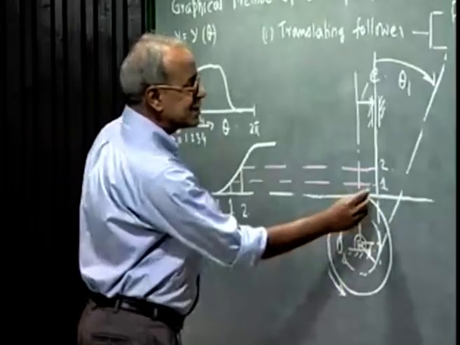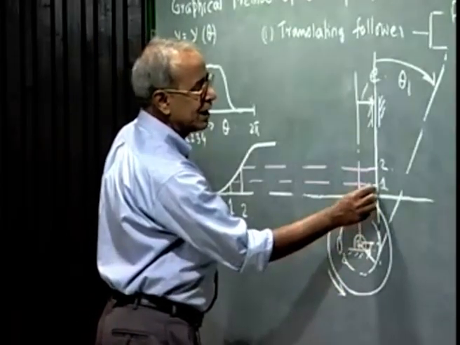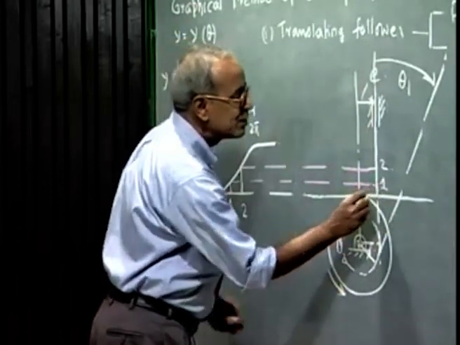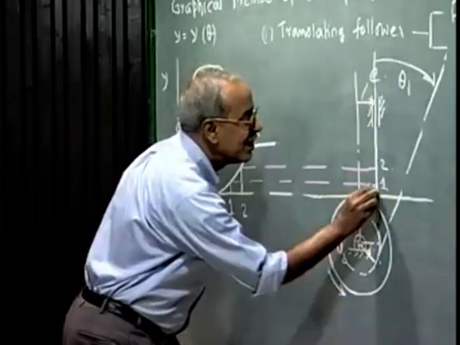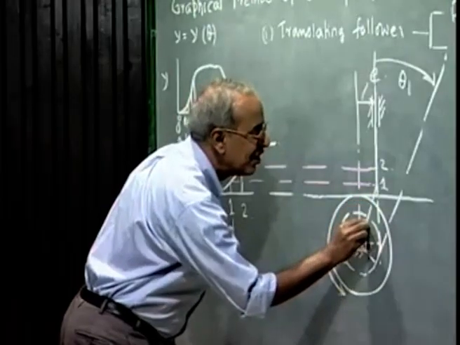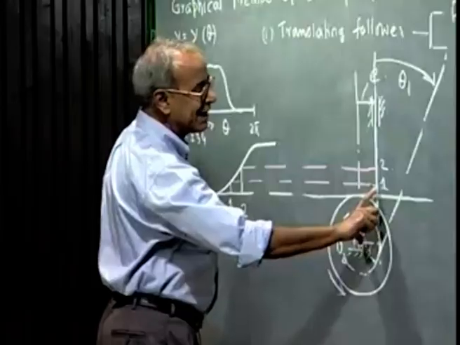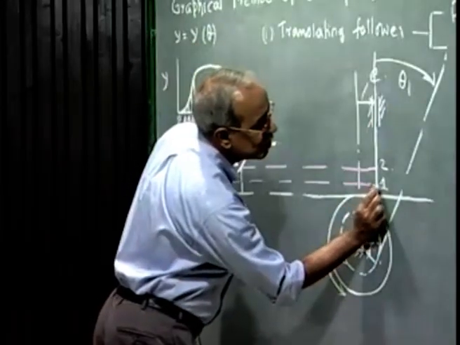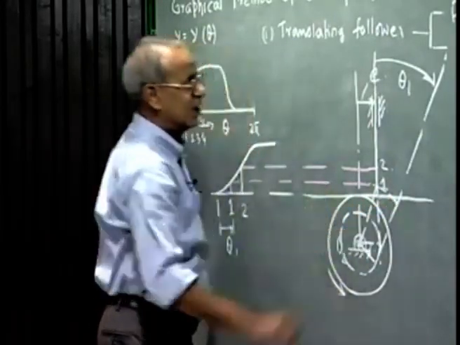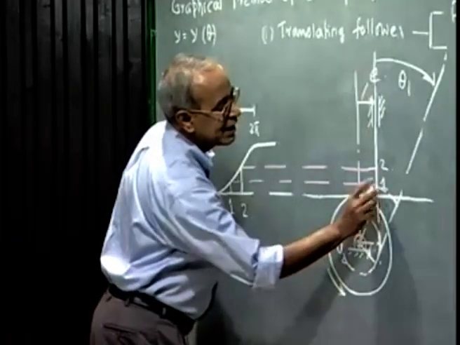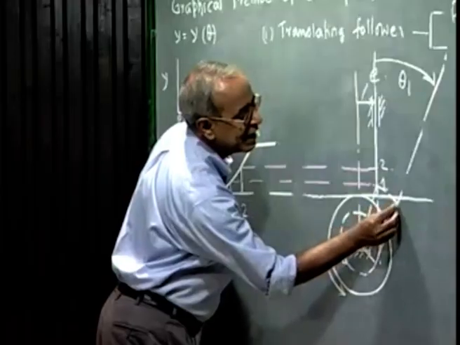Now, the distance of this point corresponding to station point 1 from O2 is here. So, this is the distance. This line represents the follower axis, and at this distance I rotate this radius along this circular arc and intersect here.